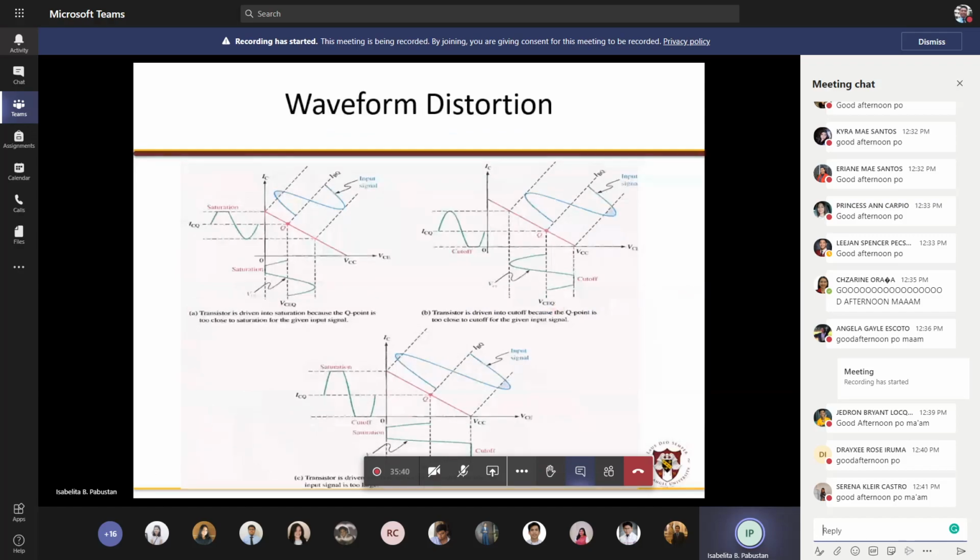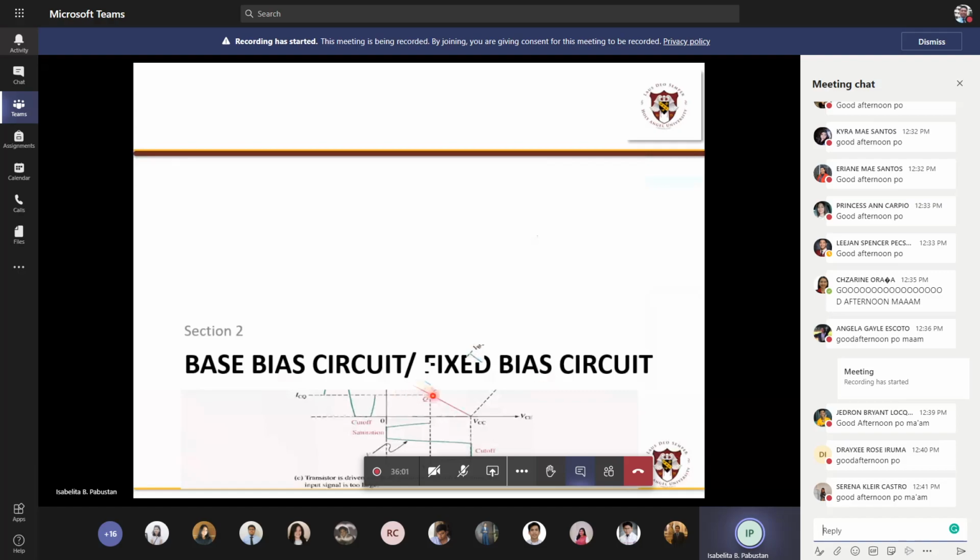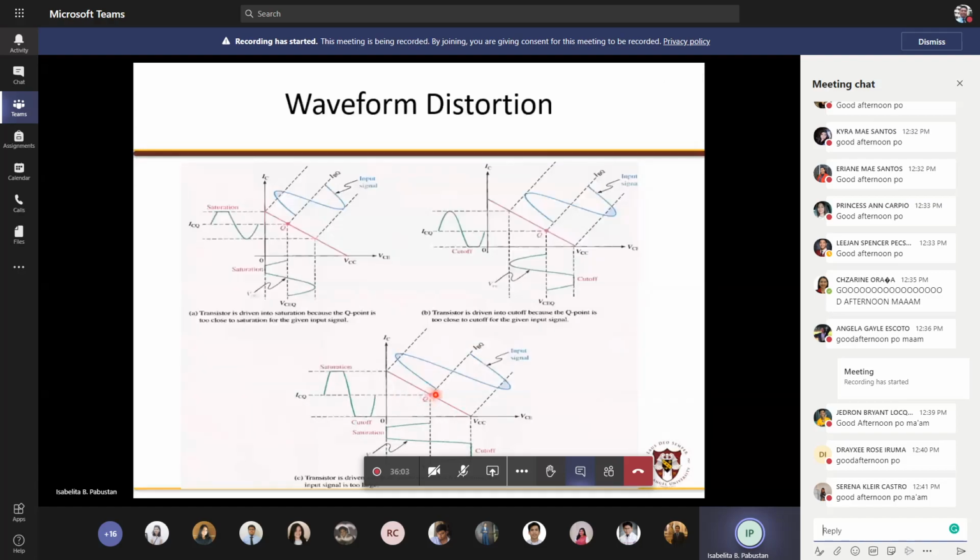This 3 exhibits nonlinear operation of your amplifier because of the clipping on the saturation dito and the cutoff. Okay. So, the main point here is you should be able to know which Q point will be best, so that your amplifier will be linear.